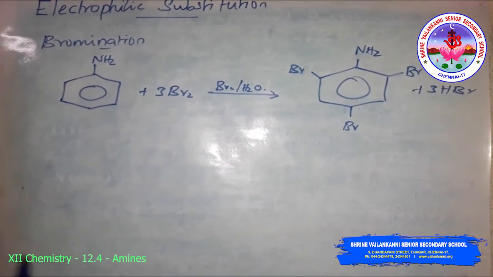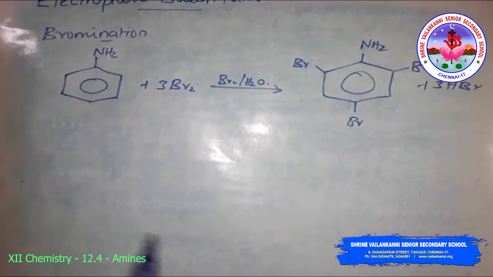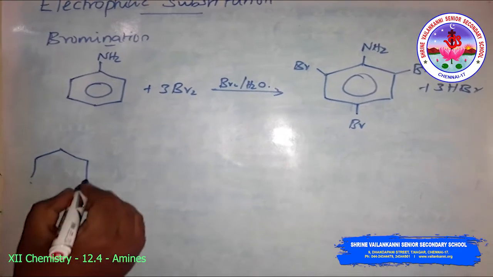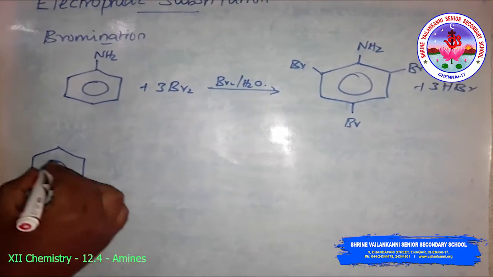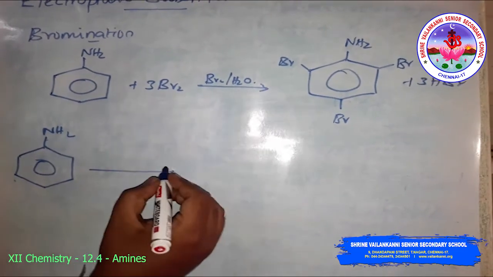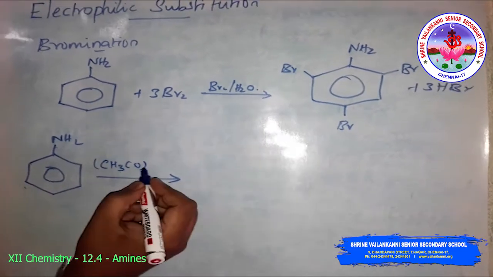Look at the reaction. Aniline in the presence of acetic anhydride, (CH3CO)2O, and pyridine forms acetanilide.